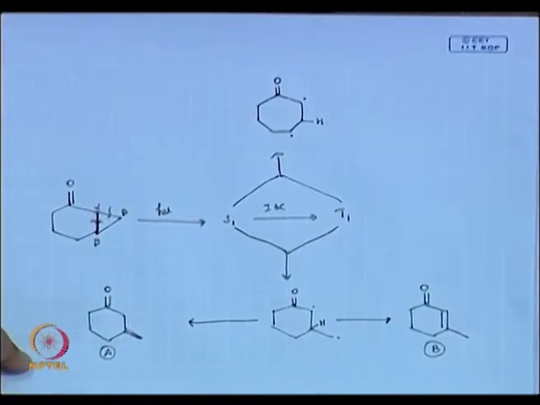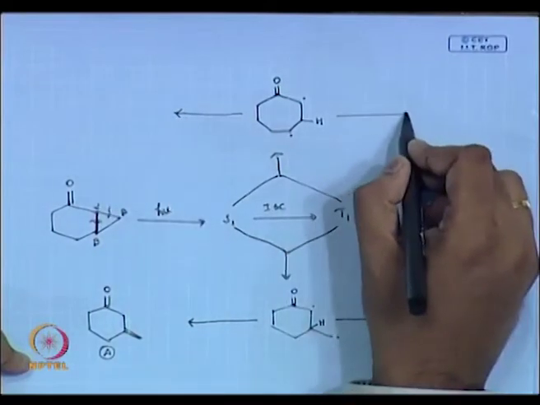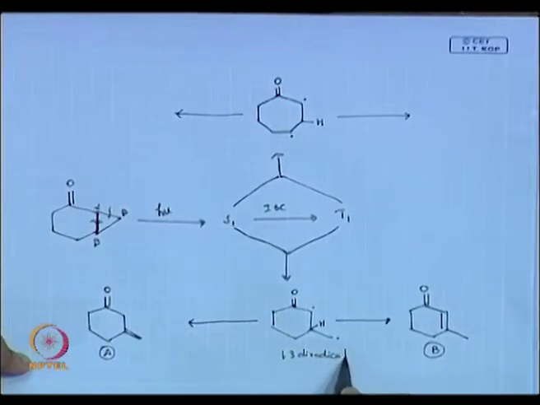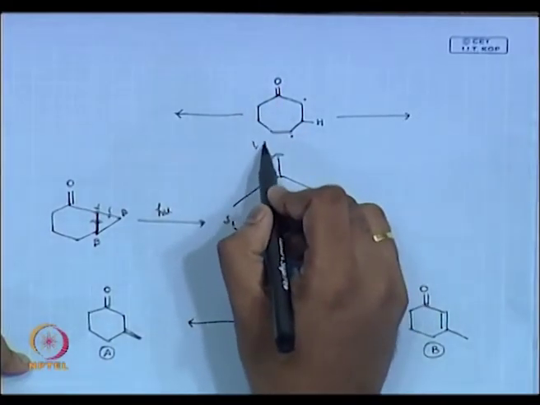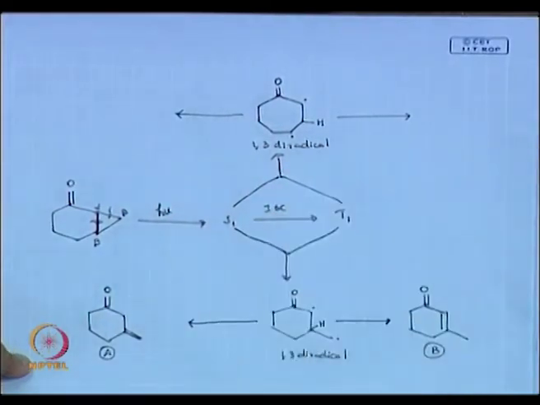So, what can it give? Again I can think of two products, because again it is a 1,3 diradical, like this is a 1,3 diradical, again I can call this also a 1,3 diradical. So, I can write two products now.